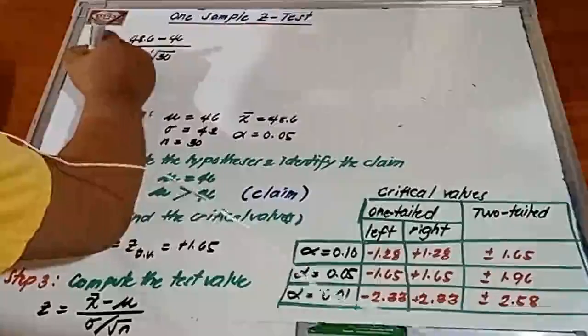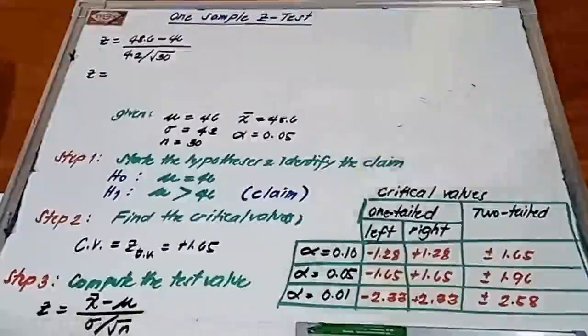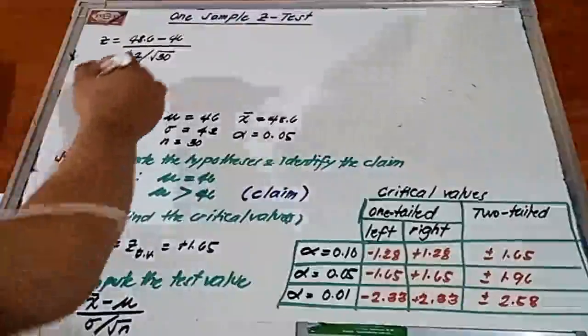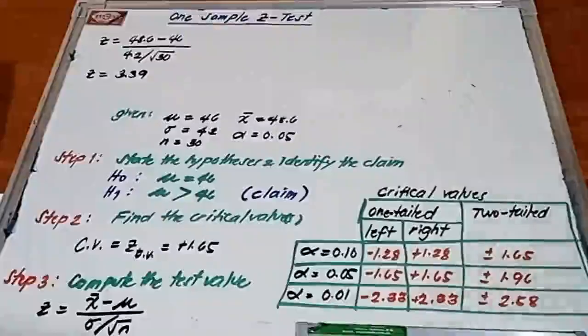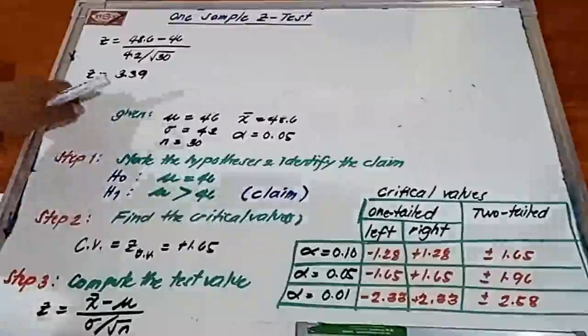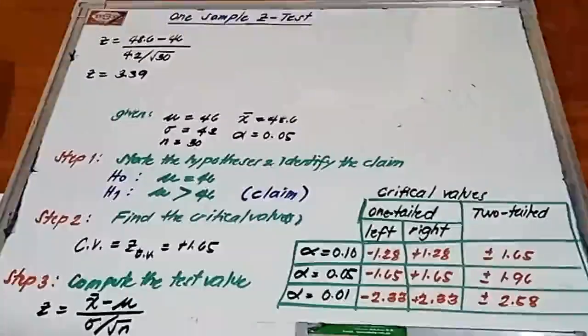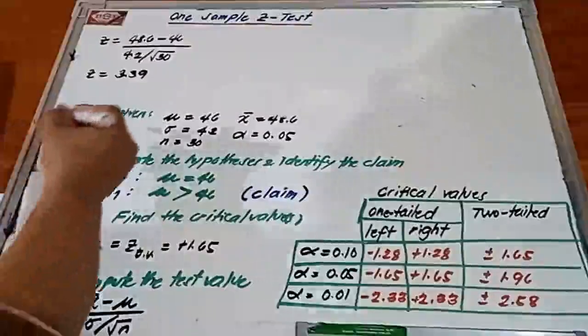And then, pag kinompute natin yan, our computed Z value is 3.39. Okay? Yan. Okay, so meron na tayong critical value, meron na tayong computed Z value, and then the step number 4 is make the decision. Okay?